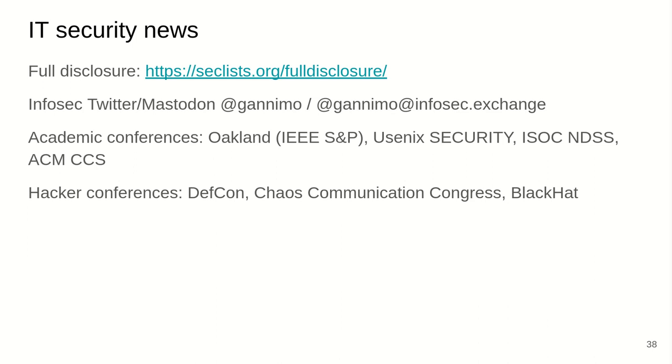Whereas academic conferences will focus on new techniques to protect against exploitation or generic exploitation techniques or bug finding techniques, hacker conferences will tell you in a flashy way how a single bug will be exploited and how to take over the whole system. Right, so having a good balance between the two types makes this an interesting and playful environment to look at.